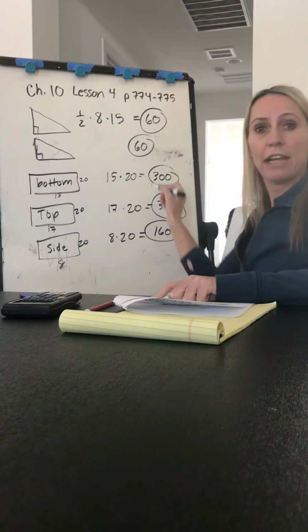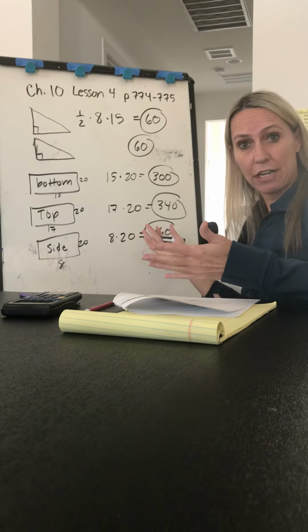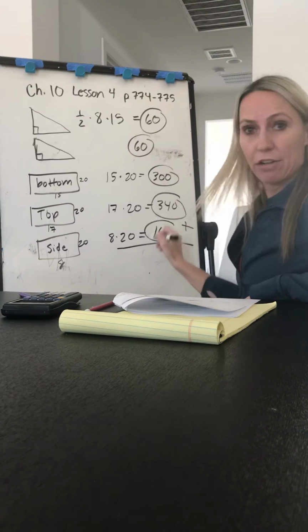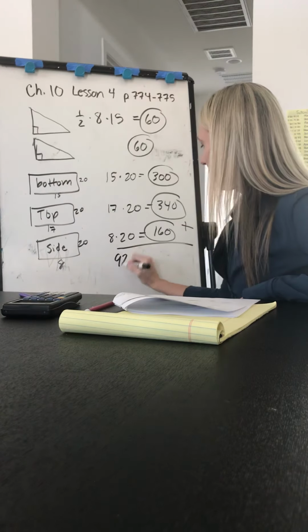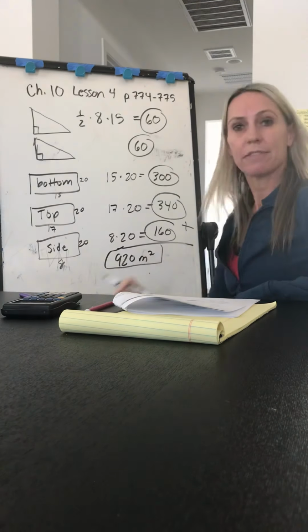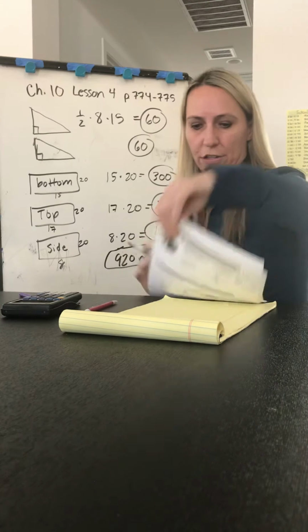So these are all the areas, and then because it's the surface area of the entire prism, we're going to have to add all of those up. I add all these together, and I get 920, and it's in meters, so squared meters. Okay? All right, turn the page.